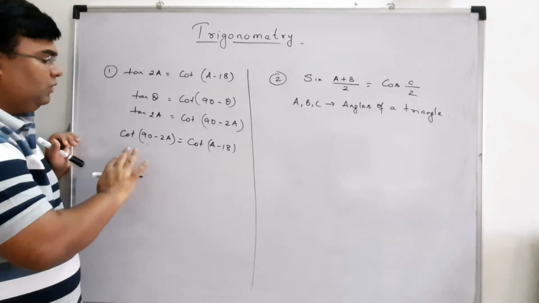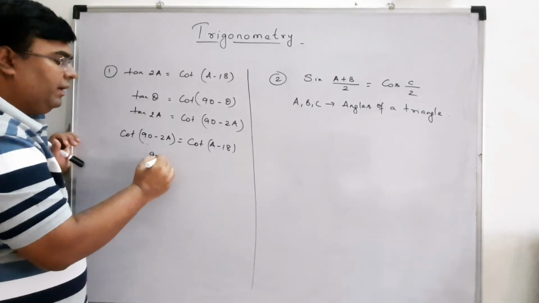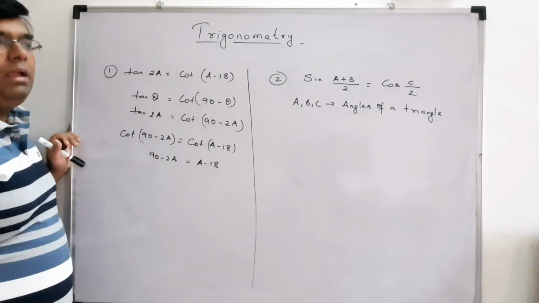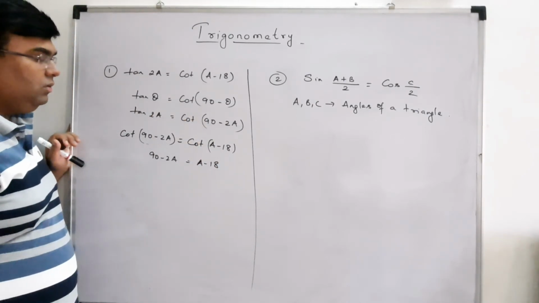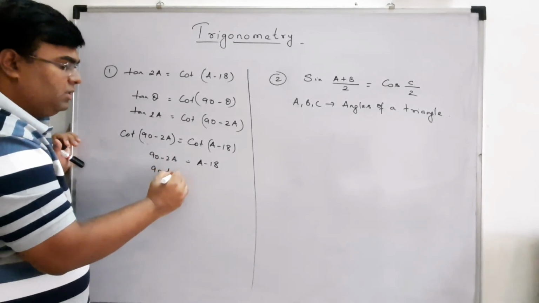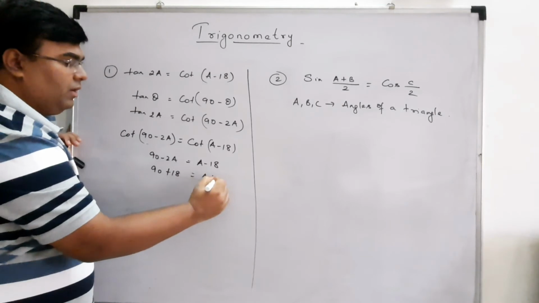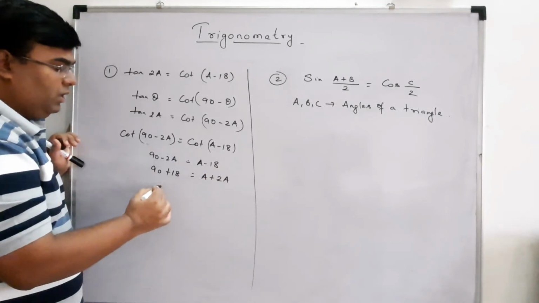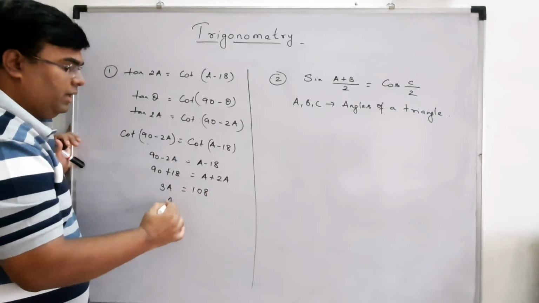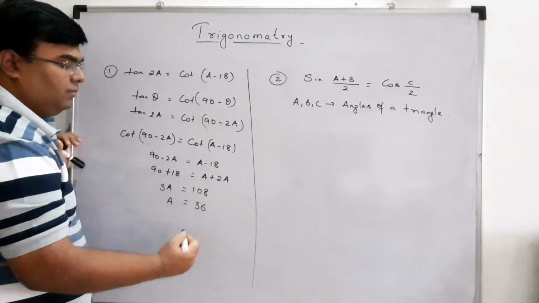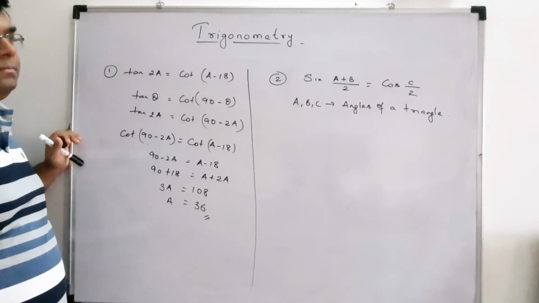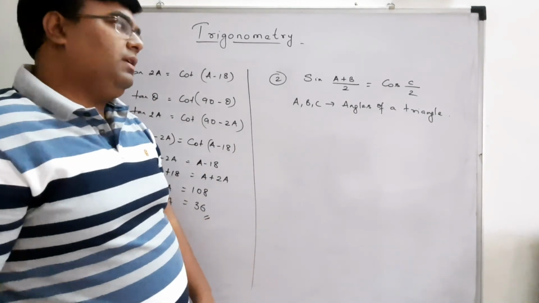You just simply write 90 minus 2a is equal to a minus 18. Now just interchanging the places, 90 plus 18 is equal to a plus 2a. 3a is 108 and then a is 36.